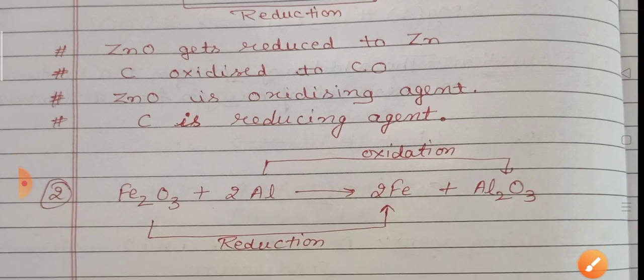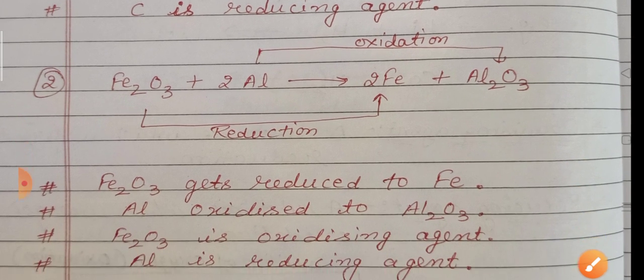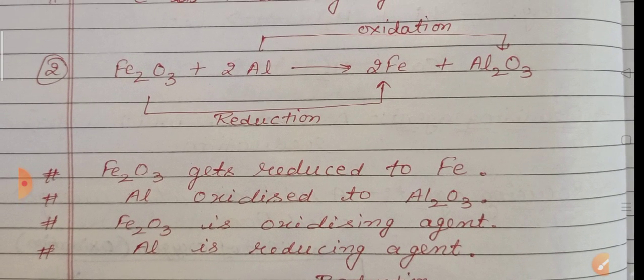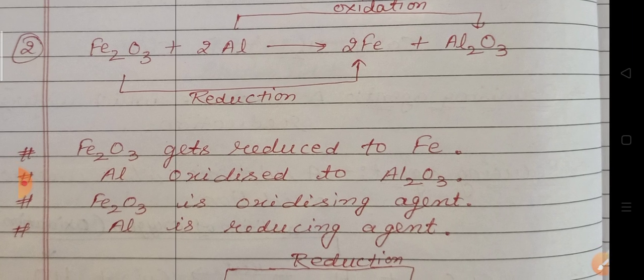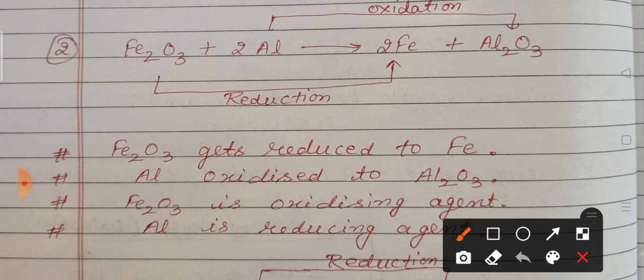To understand the redox reaction again, we are taking another example, and the example is of iron oxide. Ferric oxide, Fe2O3, this is the formula for ferric oxide. Ferric oxide combines with aluminium for the formation of iron and aluminium oxide. You can see the aluminium is converted to aluminium oxide.